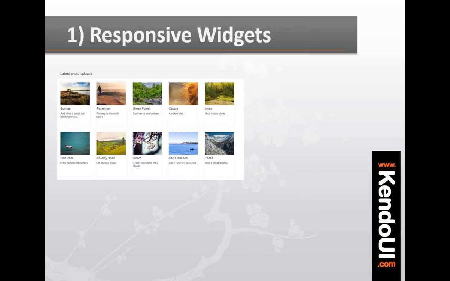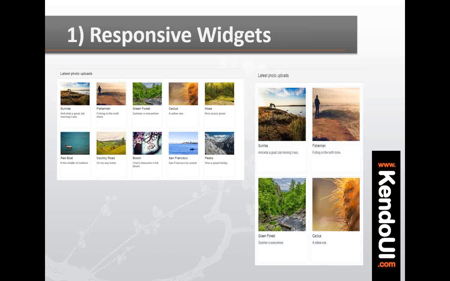Basically, when we say responsive widget, the example that you're seeing on the screen is that of a list box. If you use a list box, it will automatically fill up the container that it is in, and depending on the size of each item, it automatically places items. As you can see here, depending on the width, it has placed 5 items.